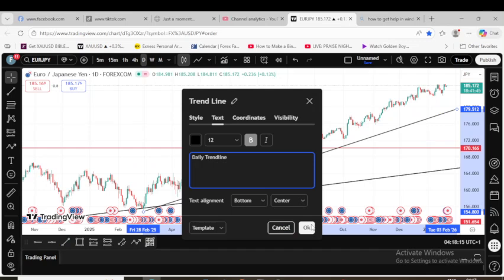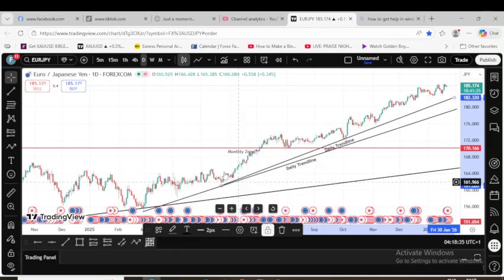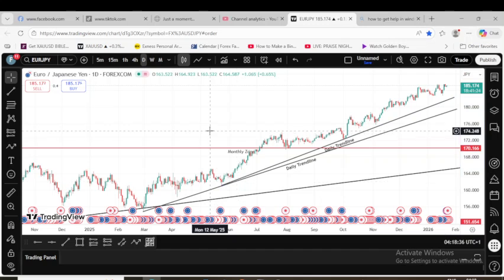I can also draw another trend line across these 2 points like this. So this is another daily trend line. We have a zone here. We have a daily zone here.